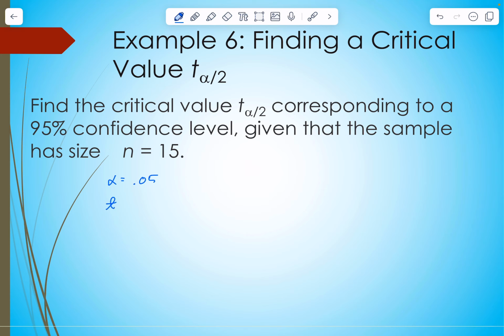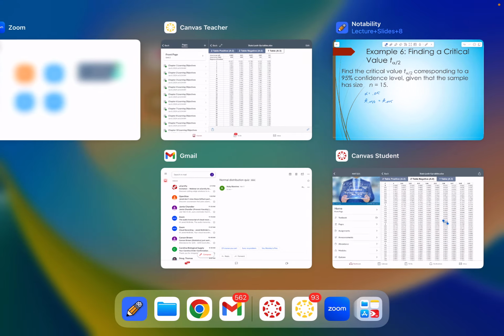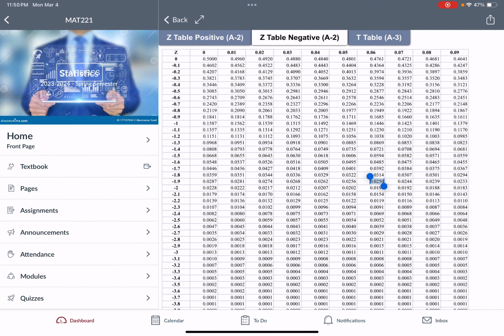And so I am looking for t of 0.05 over 2, or just t of 0.025. Now, in order to find this, I could do this a few ways, and I'll do both of these ways for you. I'm going to go to the table.